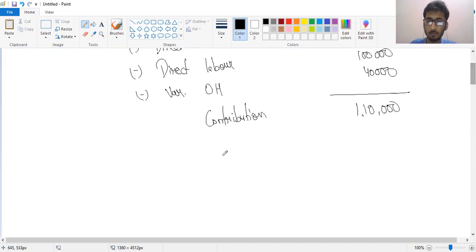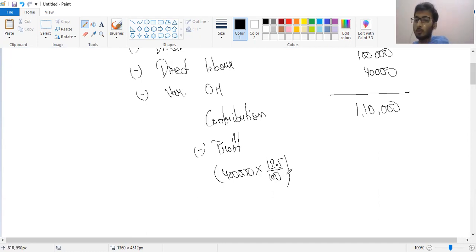Correct. And what is the amount of profit? Profit is 12.5% of the capital employed. So I can say 4 lakh multiplied by 12.5 divided by 100. Calculate what is the profit. It is 50,000.